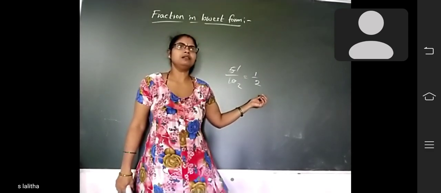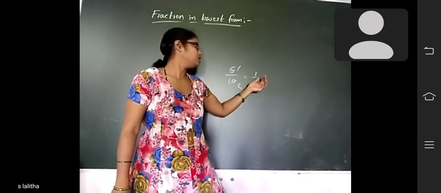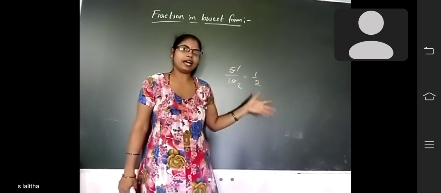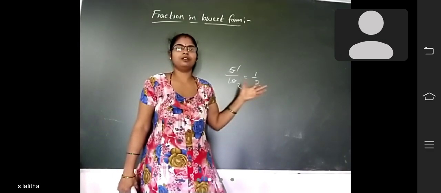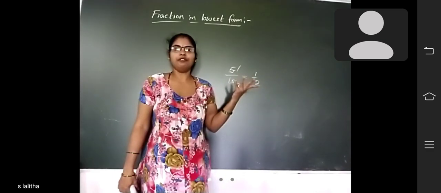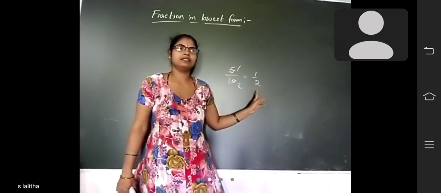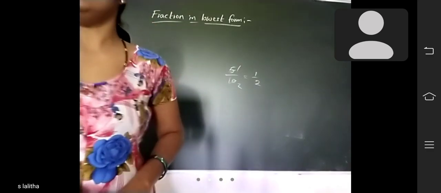Is it possible? No, it's not possible. So here numerator and denominator have no common factor other than 1. Only the 1 table is possible. There is no other factor. So this is the lowest form. Did you understand? That is called fraction in lowest form.